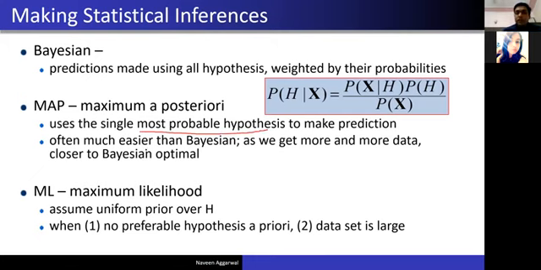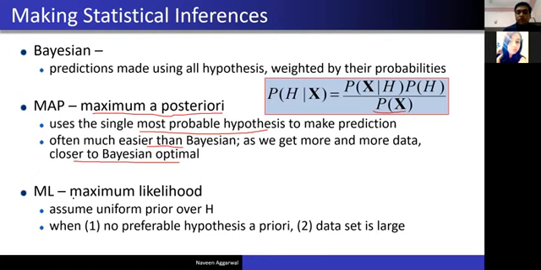So it is much easier than Bayesian. As we get more and more data, we keep getting closer to the Bayesian optimal. Even though we are not considering this, we cannot say that it is actually the same Bayesian theorem, but naive Bayesian with maximizing a posteriori is very close to the Bayesian.